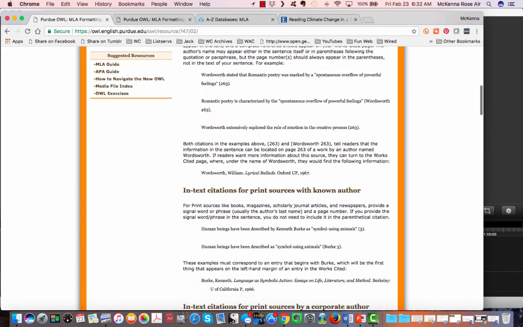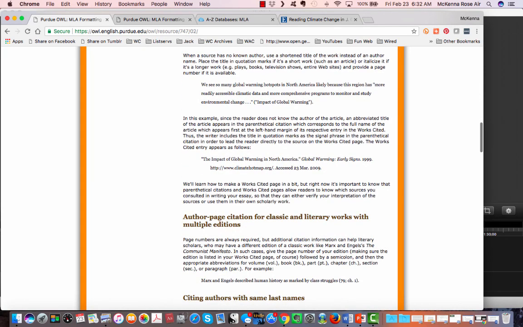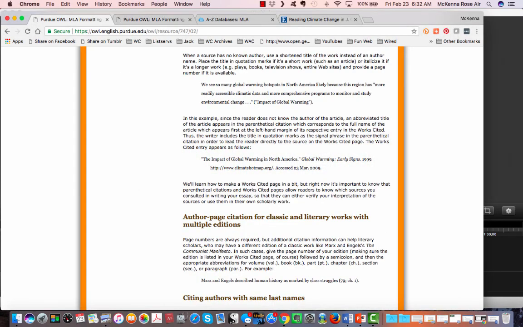You are welcome to read through this resource as needed. We'll also go over MLA citation as we move further into the rest of the paper.